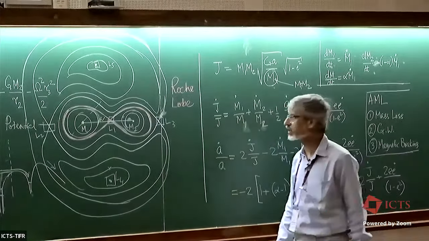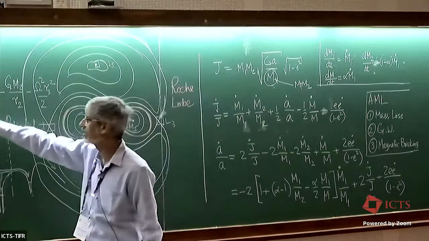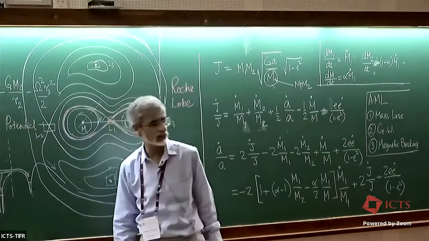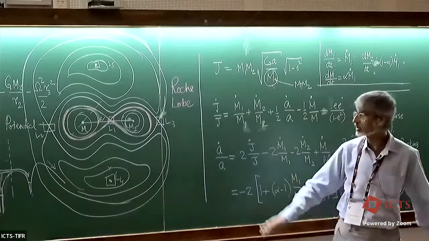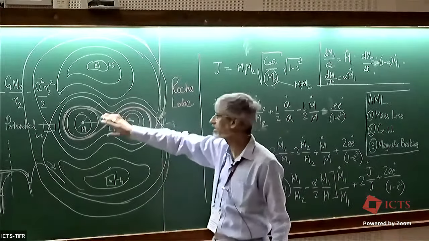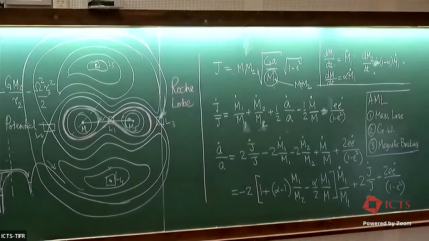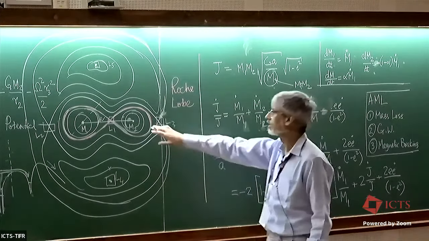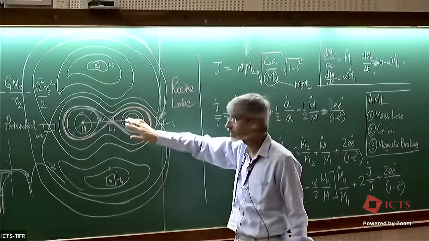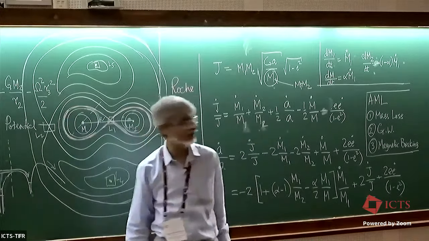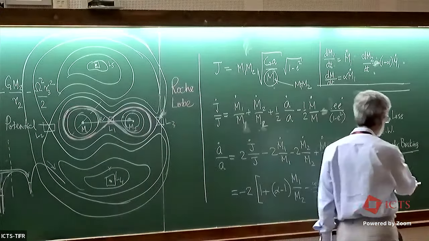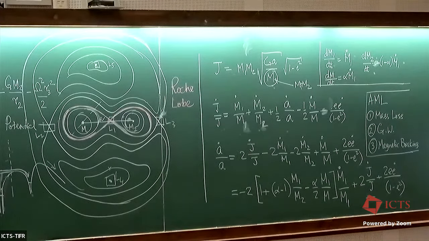That tidal potential can be expressed in the form of this Roche potential, and that Roche potential then reveals the conditions in which mass transfer can take place from one object to another, and as a consequence of the mass transfer as well as loss of mass from the system, how the orbit of such a system is going to change with time.